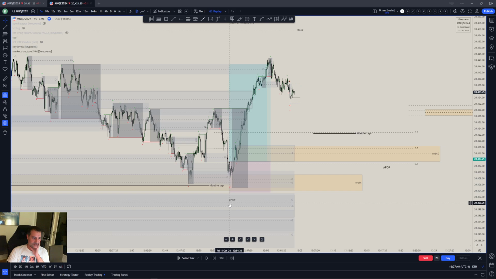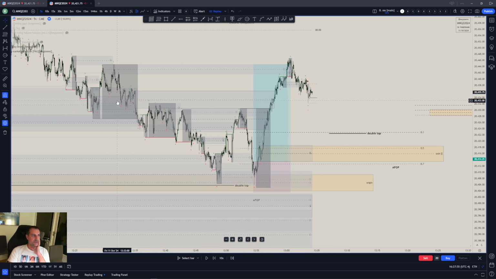What time was it? Oh, look, it's 12:55. So 12:50 to 1:10. At 12:55, we reverse and flip and go towards equal highs, liquidity levels, and we make a run for it.